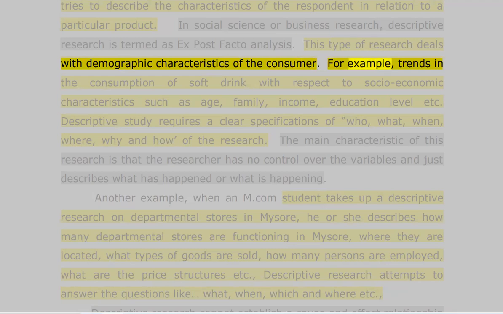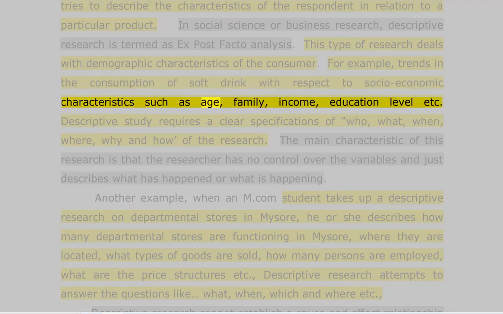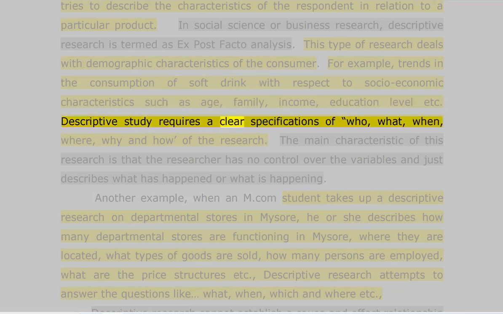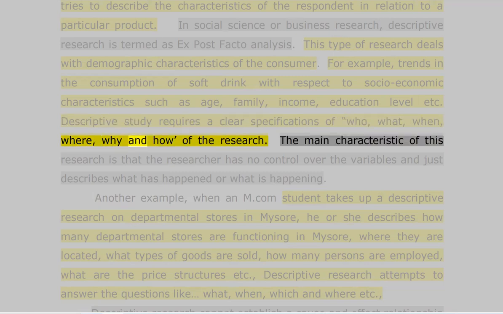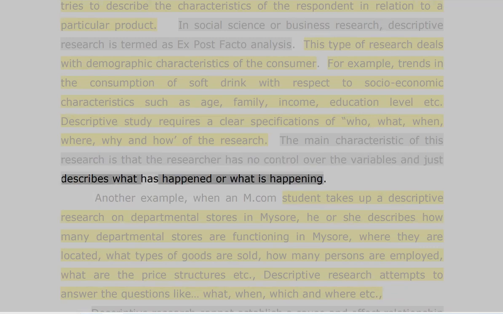For example, trends in the consumption of soft drink with respect to socioeconomic characteristics such as age, family, income, education level, etc. A descriptive study requires a clear specification of the who, what, when, where, why and how of the research. The main characteristic of this research is that the researcher has no control over the variables and just describes what has happened or what is happening.